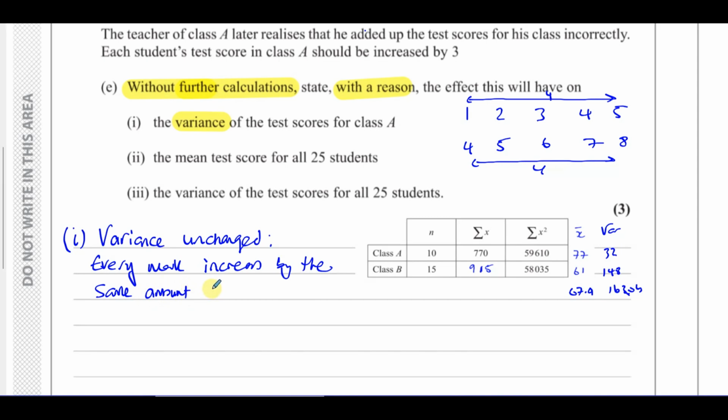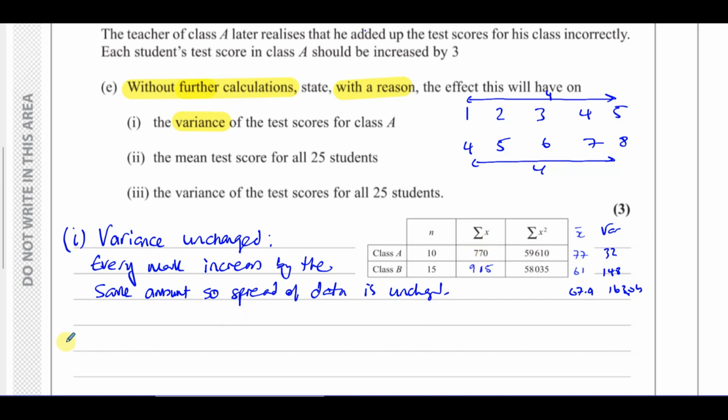Okay, every mark increases by the same amount. So the spread of the data is unchanged, and variance is a measure of spread of data, so it is unchanged. Okay, so that's about the variance. So the variance will still be the same for Class A. If you added 3 to each of the values, you'll still have the same spread of data.